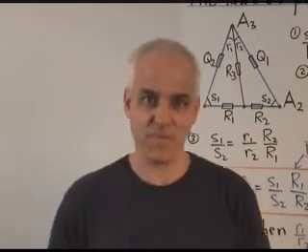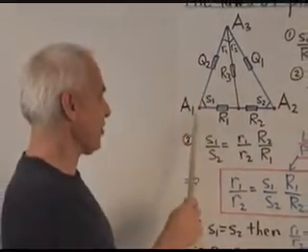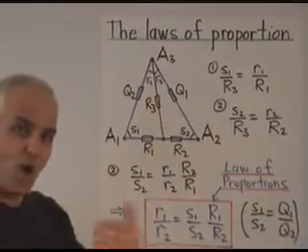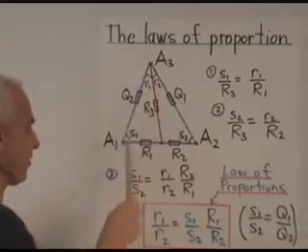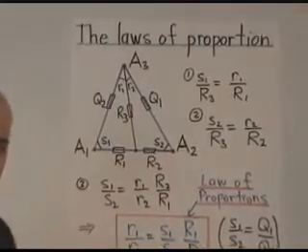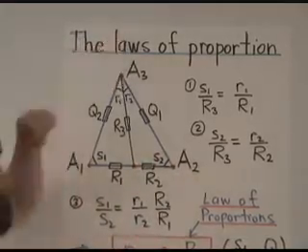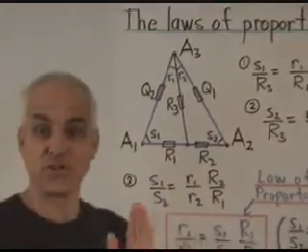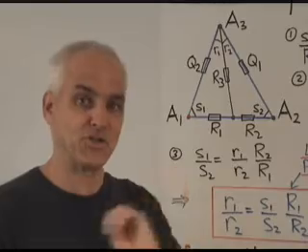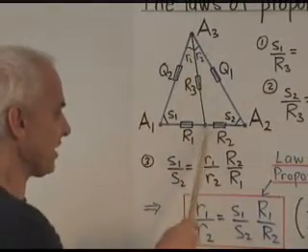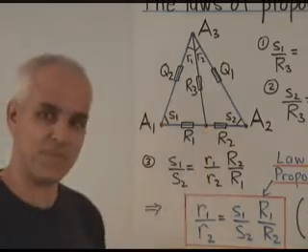Today we're going to look at some really beautiful theorems which I like to call the laws of proportion. So they concern a triangle, the usual setup A1, A2, A3, and its usual quadrances Q1, Q2, and Q3, and the spreads S1, S2, and S3. In addition to this triangle, we're going to look at one extra line emanating from A3 and intersecting the opposite side at some point.